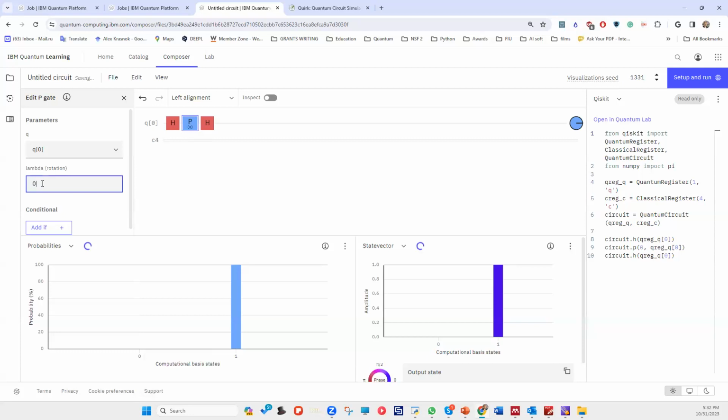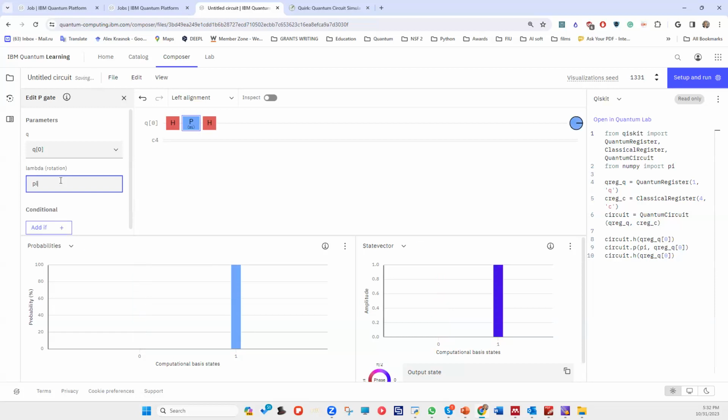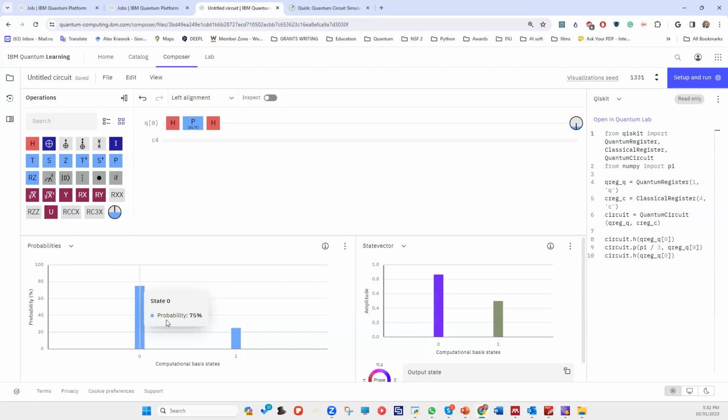For the phase 0, we would get just state 0 and never state 1. And in general, for any other phase, we will get something in between, some contribution from state 0, some contribution from state 1.